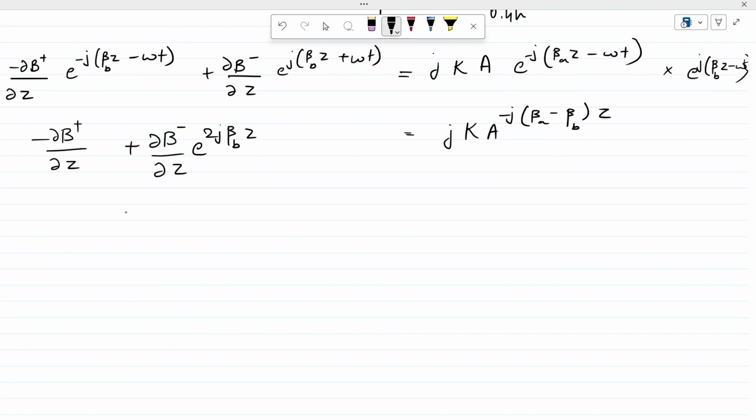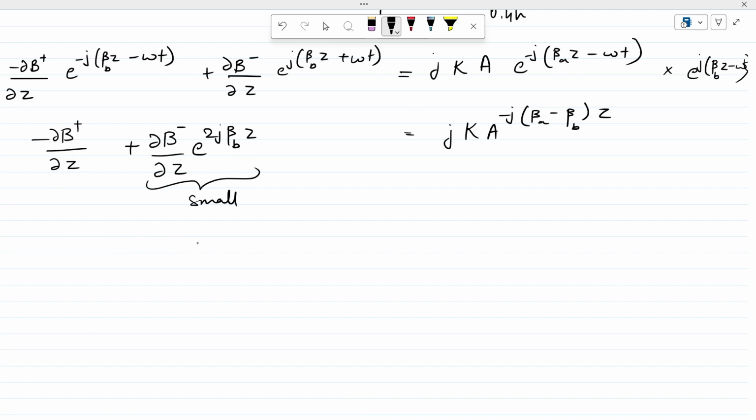So now I have, so this term is very small for the integral. If I take an integration over a large enough value of z, this will average out to be a small number.